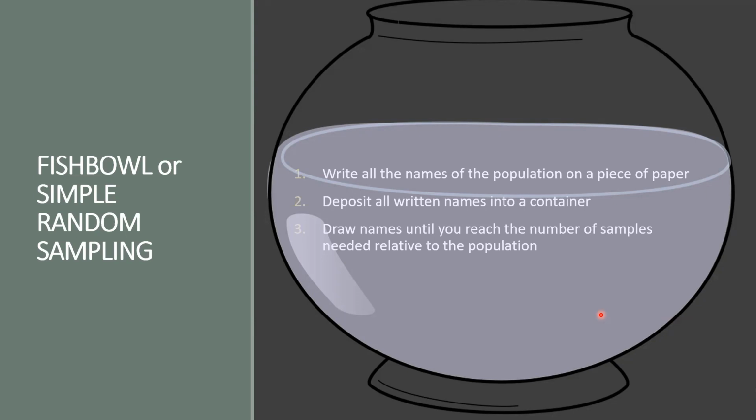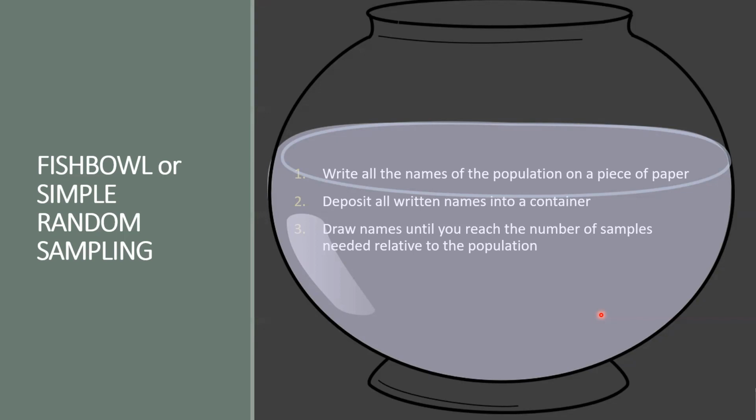Then all of these individuals have the same chance of being selected to be part of the study, or if you are using it for drawing individuals who will win the lottery, then, as the name implies, all of them will have the same chances of winning. So we will be randomly selecting the individuals from the population that we have.